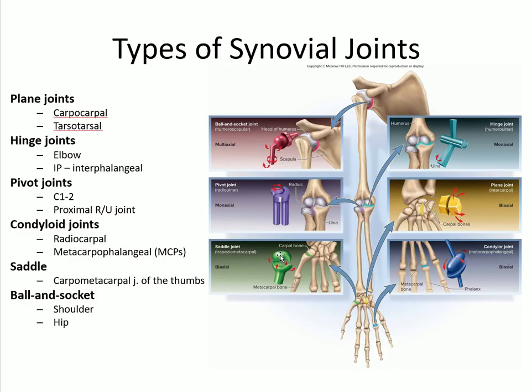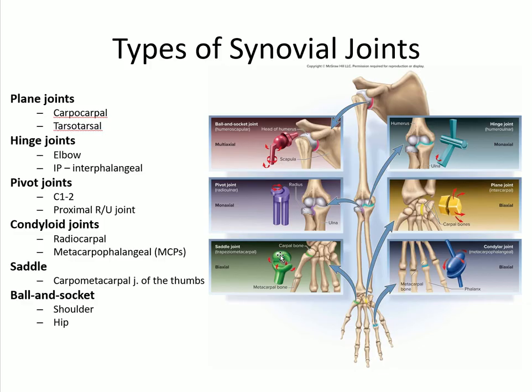Okay? Don't confuse that with MCPs or IPs. MCPs are condyloid. IPs are hinge, bending fingers like a hinge. And then saddle is going to be carpometacarpal. So wrist, hand bones that lead to the thumb.